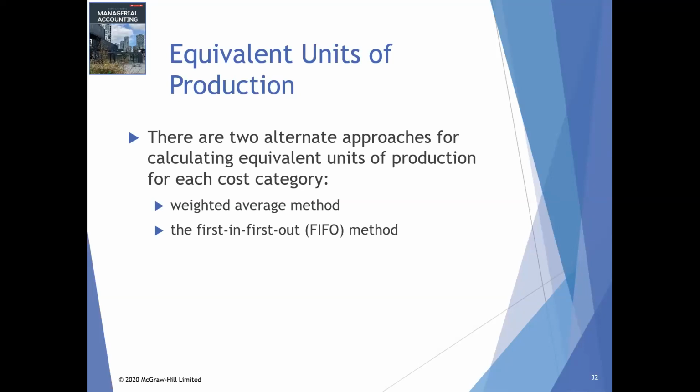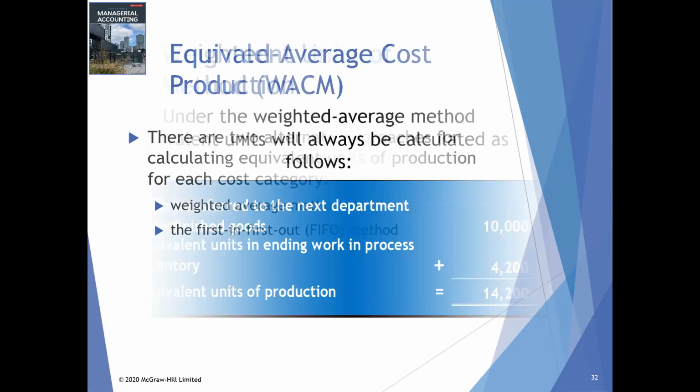First in, first out means that the opening stock in the work in progress will also be considered, right? So first in, then first out. The unit which entered production first will go first, right? But the weighted average method is different. I'm going to explain these two methods in detail here.